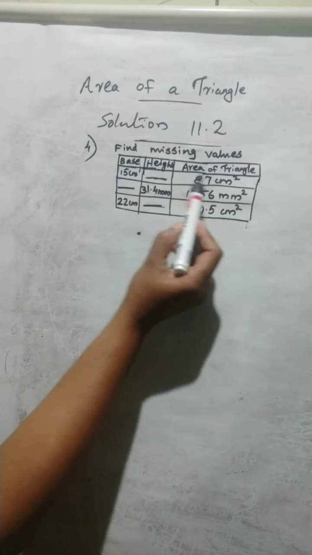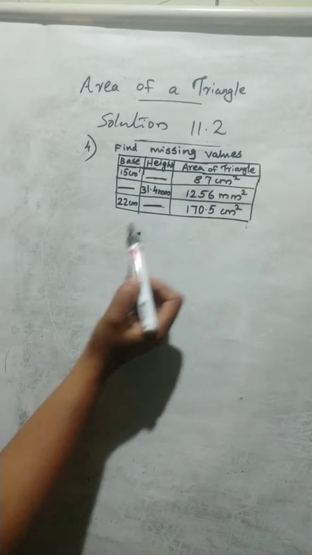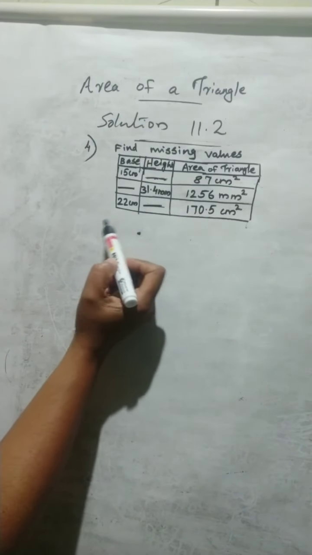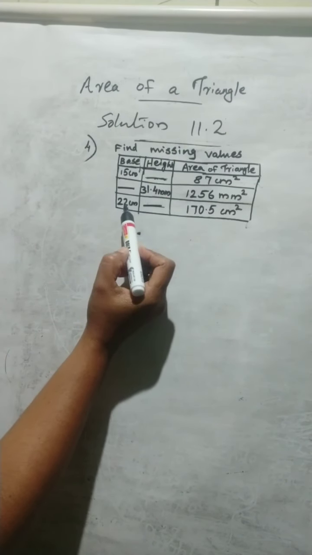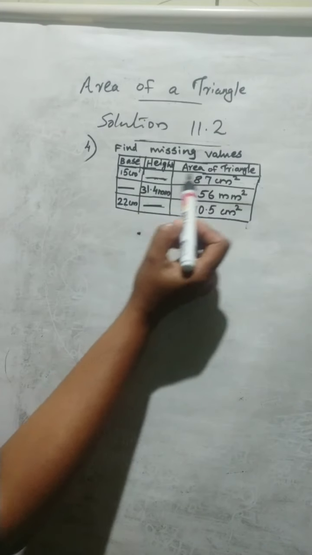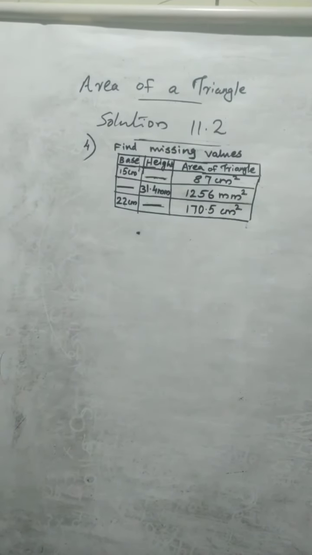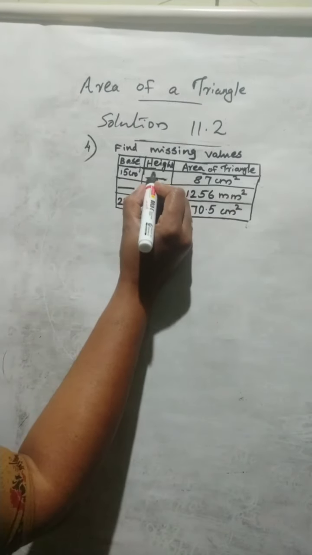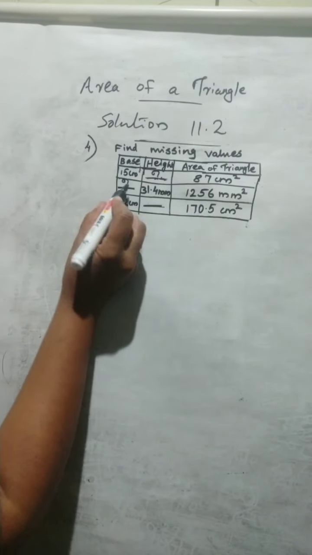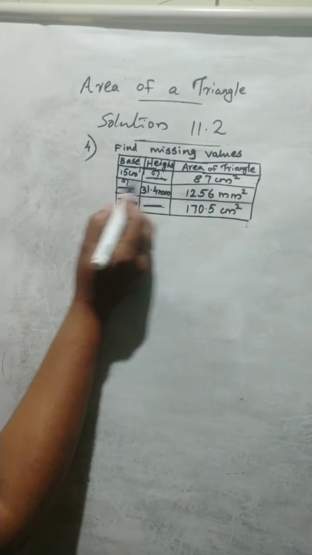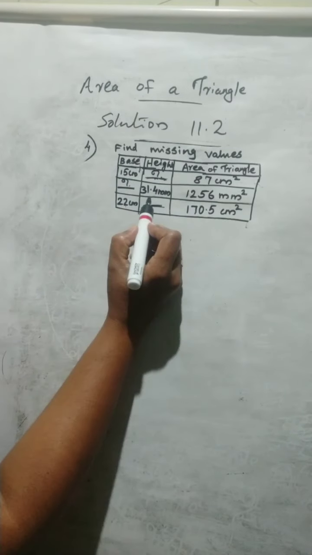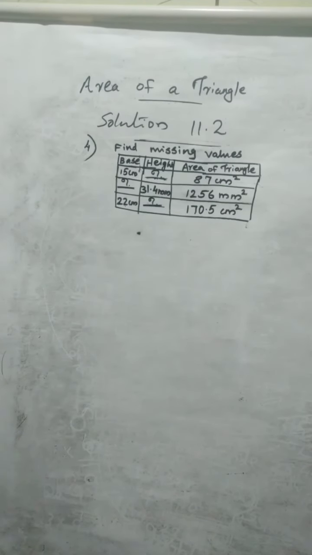Here base and height, here height and base. Sorry, area. Then here base and area. The area of a triangle is 87 centimeter square and base is equal to 15 centimeter. We have to find the height of this triangle, and here the base of this triangle. Here also the height of this triangle.